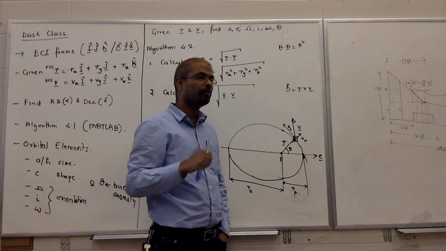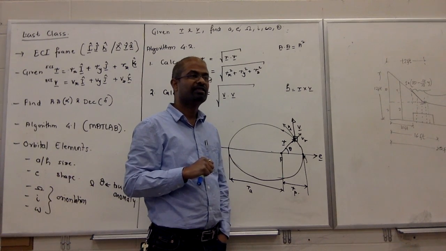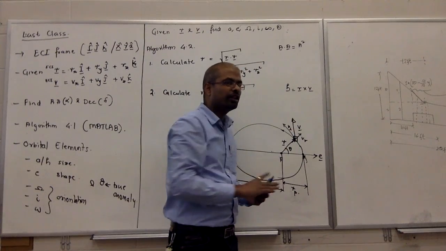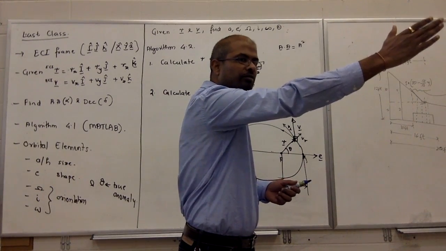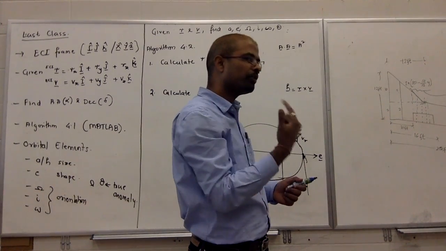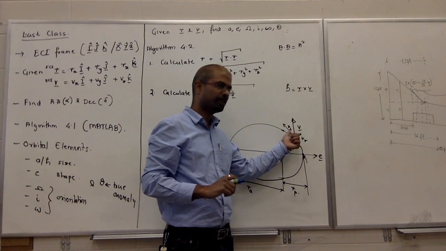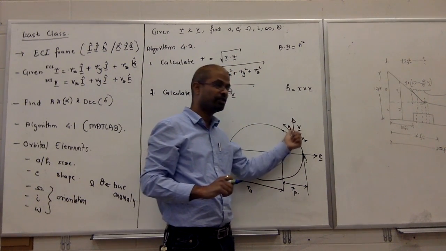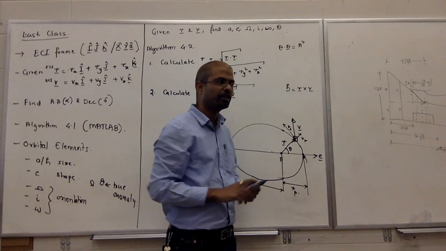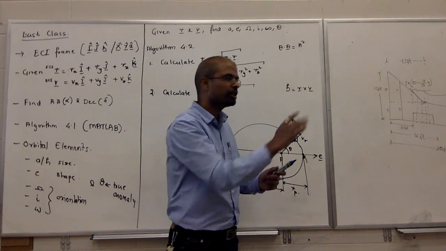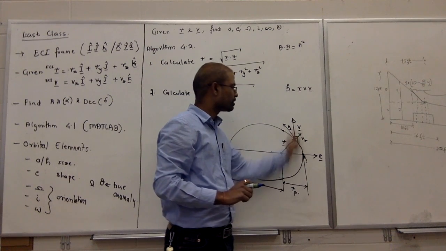It flies out, going in this direction. It will not keep the path. If this velocity was really tangential, it would have kept the path even after breaking. So it will go in this direction.